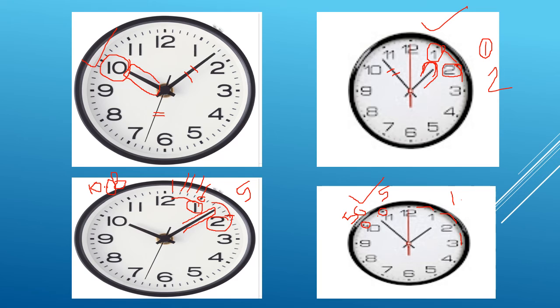So we can say that the time is 10:54. So hope you have understood how to read this time in an analog clock.